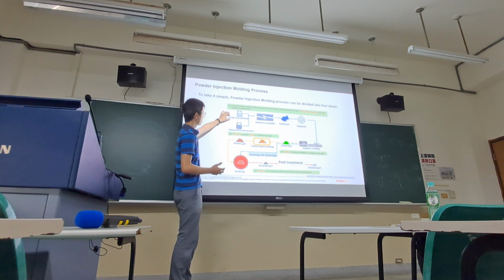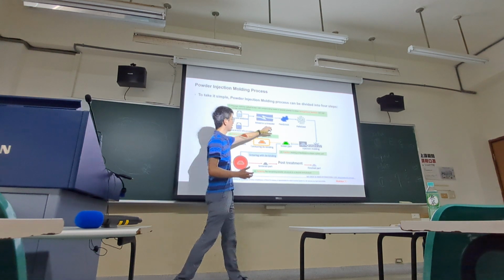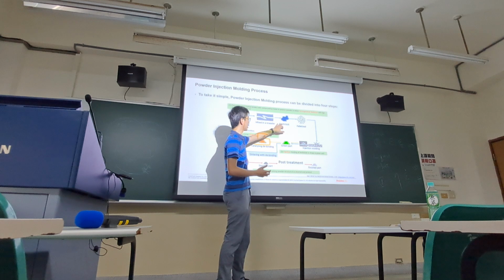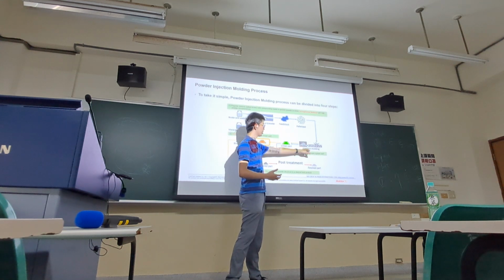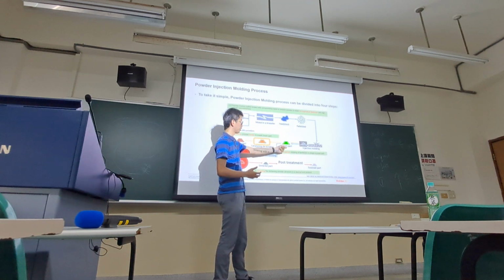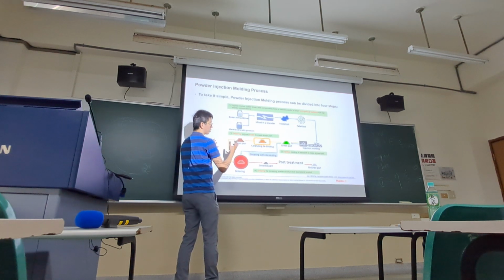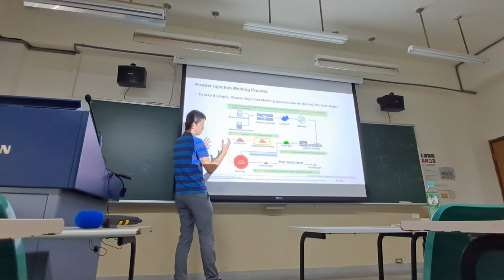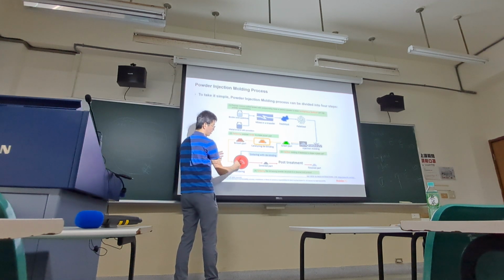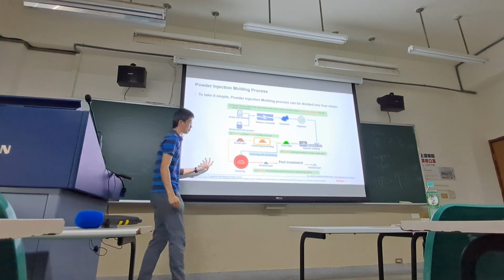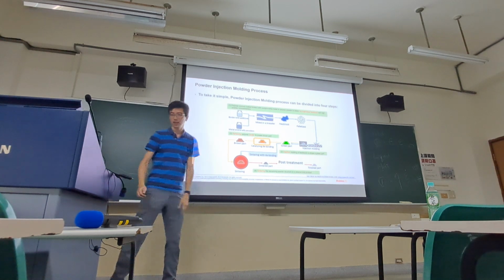Binder is combined with the metal powder, and we can put these pellets into injection molding and have a green part, then remove the binder to have a brown part, and use thermal energy to help you sinter the brown part into a final metal part. So that's the process.